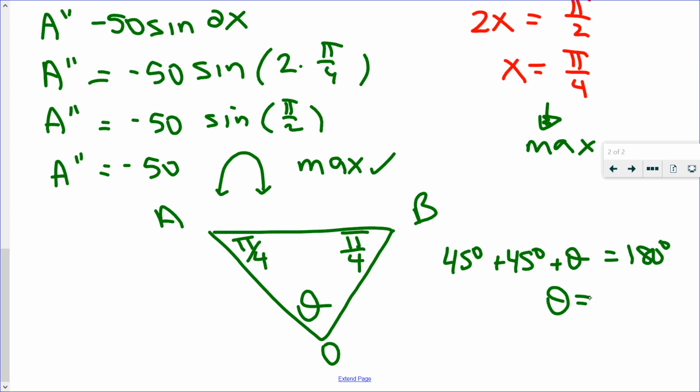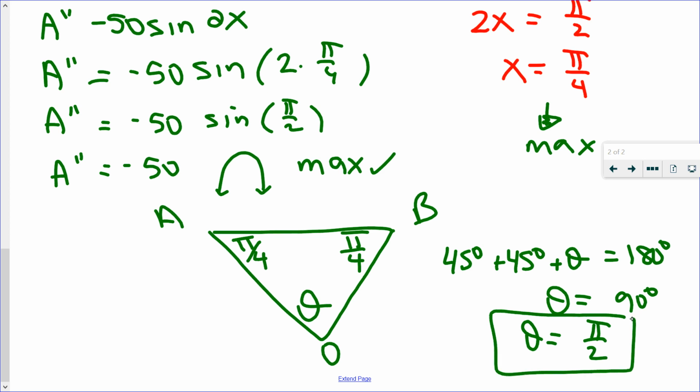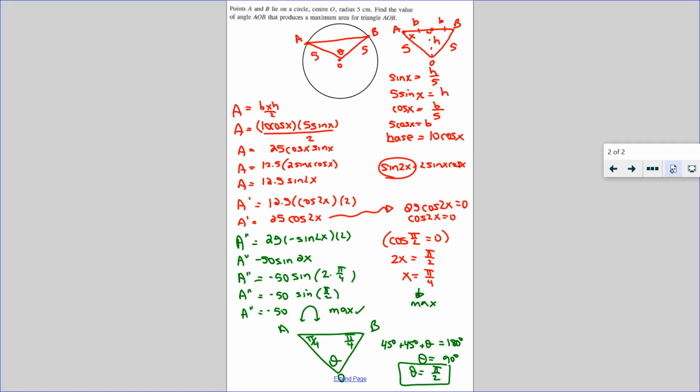Therefore I know theta has to be 90 degrees, but we like it in radians. So we'll say it is pi over 2. So if theta was pi over 2, that would give me a maximum area. So altogether, find the value of AOB that produces a maximum area. The angle is pi over 2.